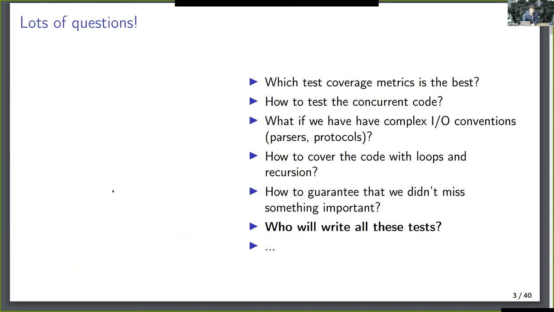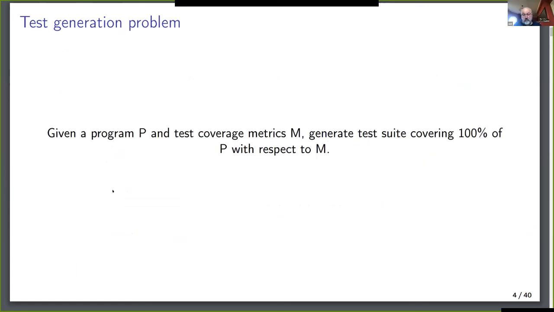So let the machine generate all the tests by itself. We have this test generation problem where we're given a program and some code coverage metric, and our task is to automatically generate the exhaustive test coverage of this program with respect to the metric. But of course, it is a bit of an idealistic statement.